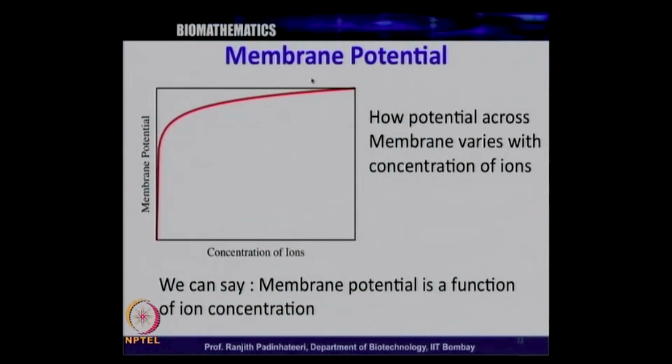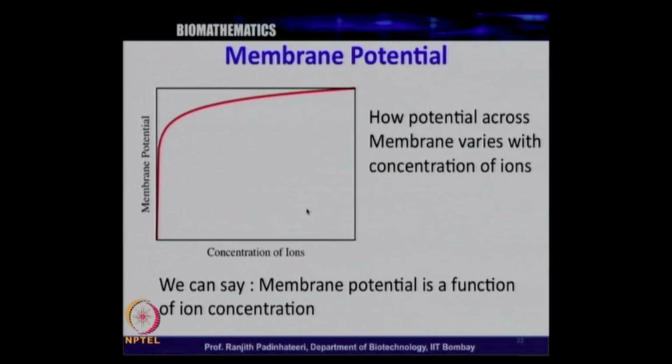That is what this function describes. This equation describes how the membrane potential varies with concentration of ions. I hope you get this idea of a function here also: the relation between concentration of ions and the membrane potential is described by a mathematical function.